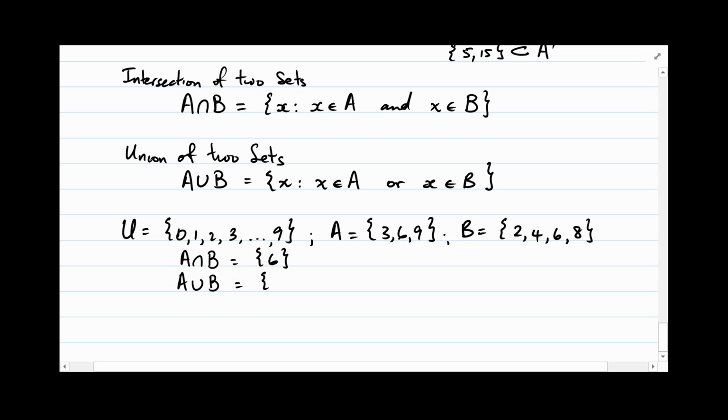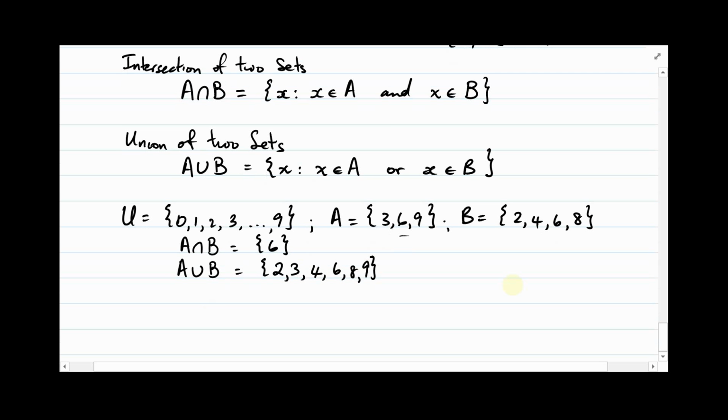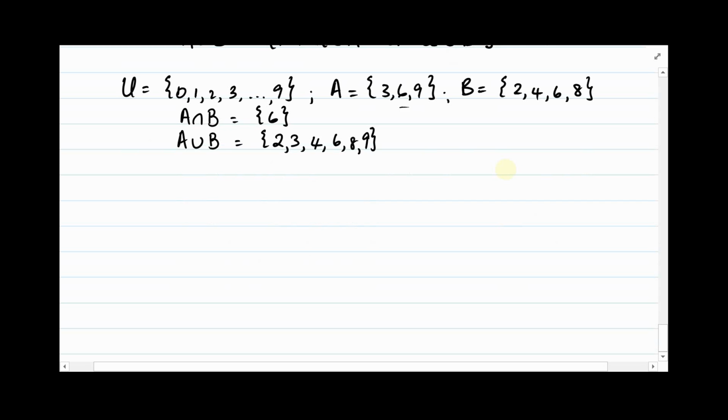So although 6 is present in both sets, I'm not going to write it twice. And as I combine these two, I will put it in order, although that's not necessary, just my preference: 2, 3, 4, 6, 8, and 9. So we have those things.